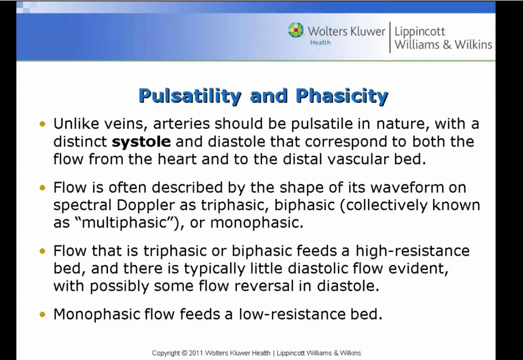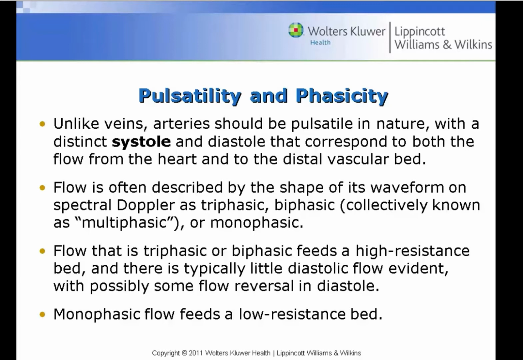Now, talking about pulsatility and phasicity, the arteries should be pulsatile in nature and have a distinct systole and diastole that correspond to the flow from the heart to the distal vascular bed. Flow is often described by the shape of its waveform on spectral Doppler, which is what you see on page 127.